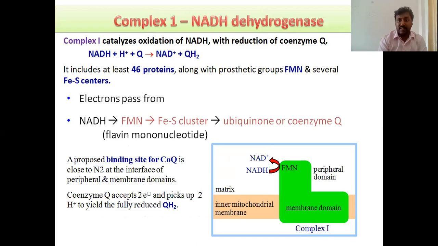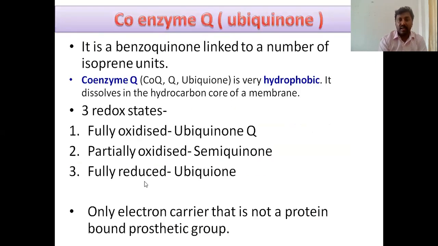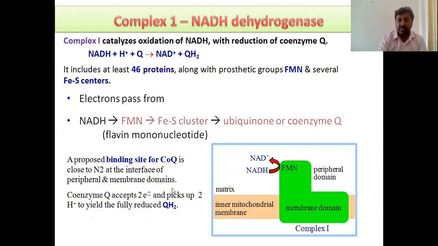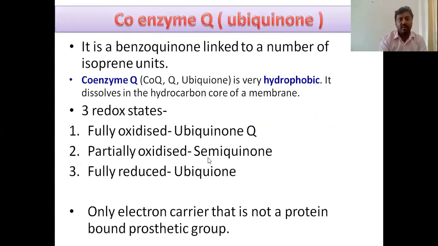See here, because of the transfer of hydrogen from NADH plus H plus, these H plus ions and electrons are transferred to the coenzyme to form the reduced ubiquinone.